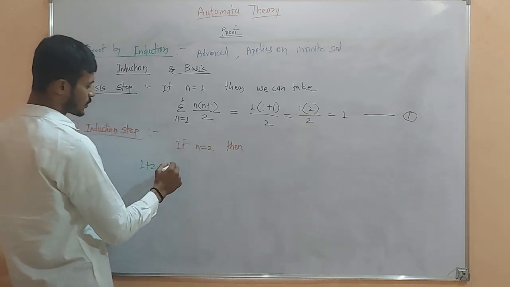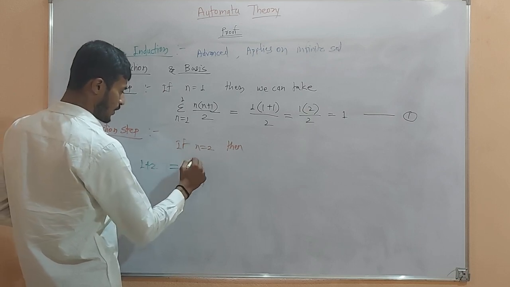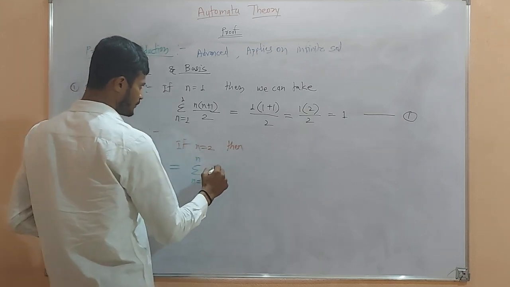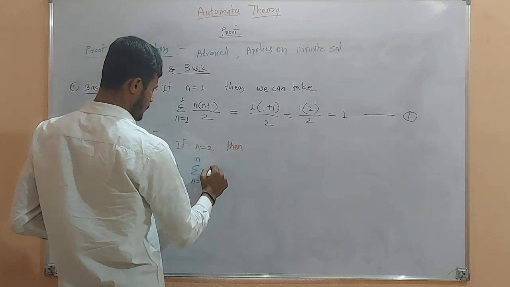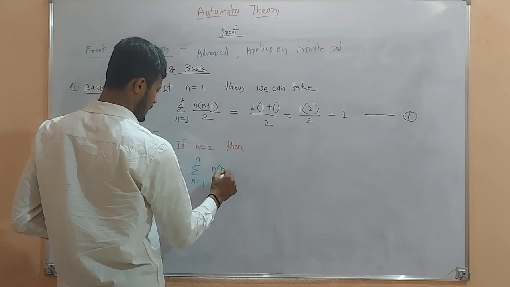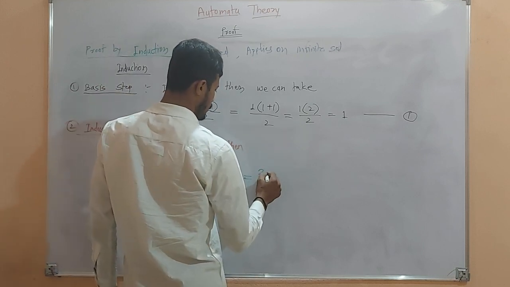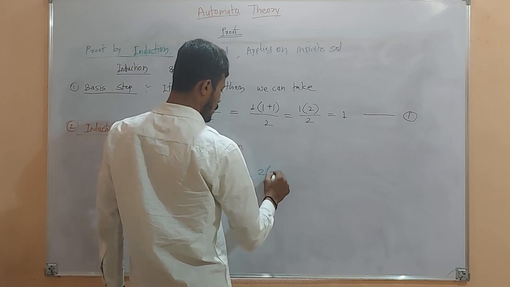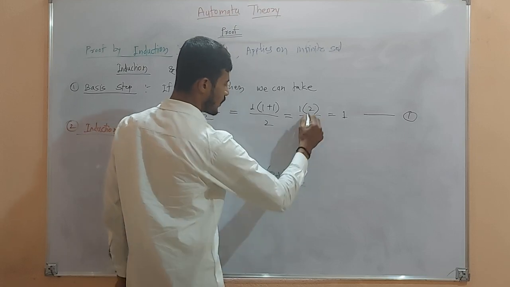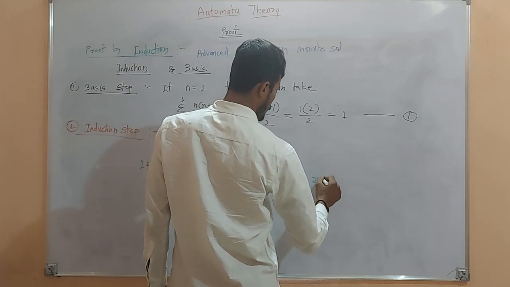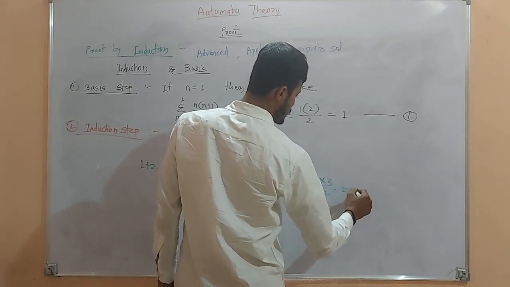So 1 plus 2 means summation from 1 to n, and here we take this formula again, n(n+1)/2, which gives you 2(2+1)/2, which is equal to 2 into 3 divided by 2, which gives you 3.